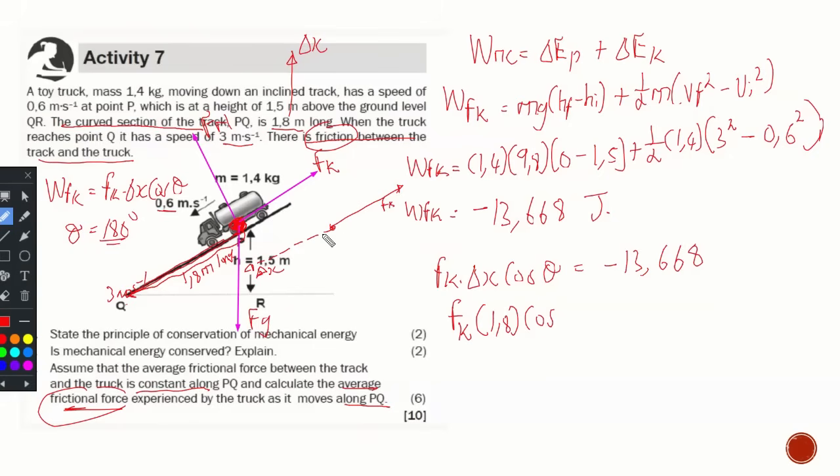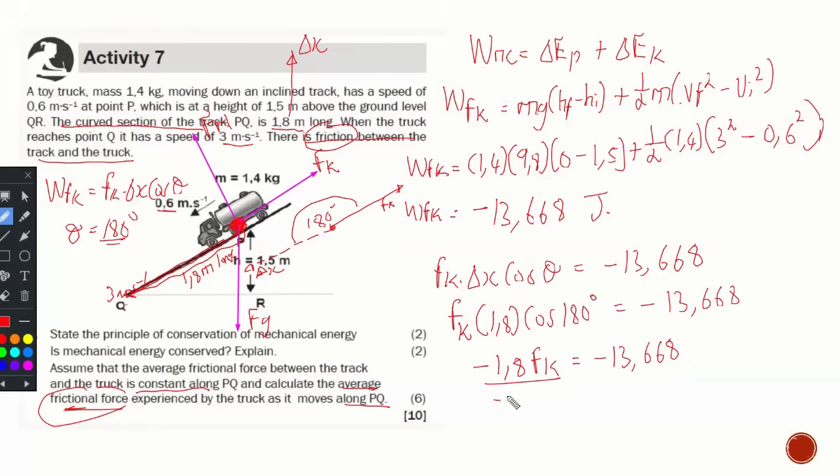So still again, the angle between the displacement and Fk will be 180 degrees. So cos 180 degrees is equals to negative 13.668. Now this will give us negative 1.8 Fk because cos 180 is negative 1. 1.8 times negative 1 is negative 1.8. Then is equals to negative 13.668.